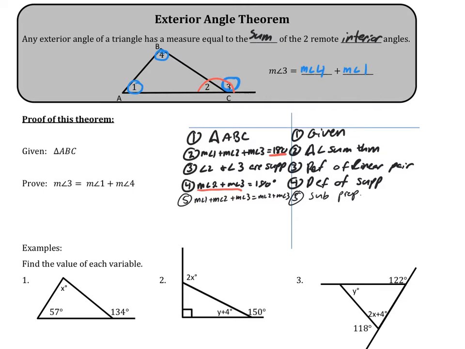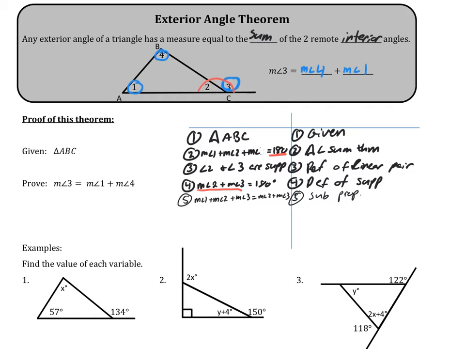Well, now what do I want to do? I see that I have a measurement of angle 2 on both sides and a measurement of angle 3 on both sides. And I just realized I made a slight error in the beginning. This should have been, instead of an angle 3, the sum of our interior angles.